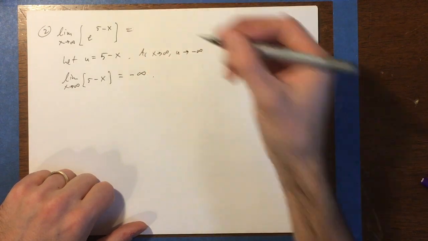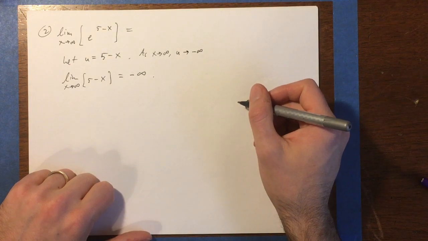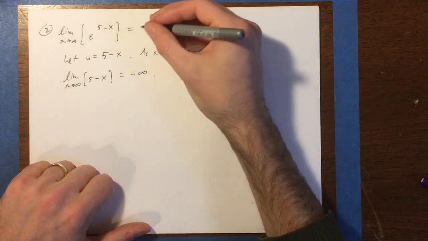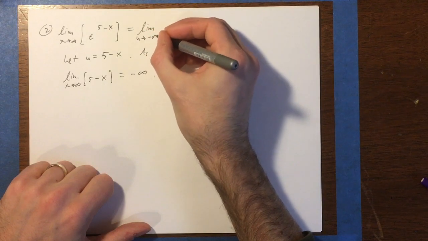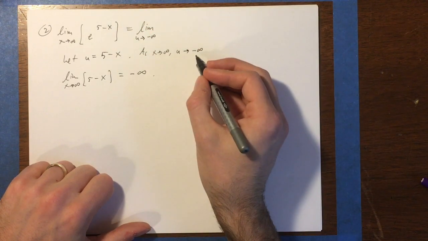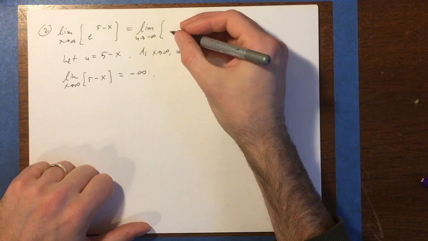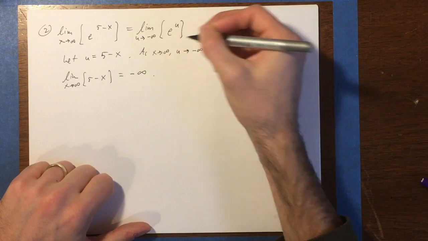So now we will do a substitution of variables. We are now going to convert this to the limit as u approaches negative infinity, right? The corresponding value that u is approaching, of e to the power u.